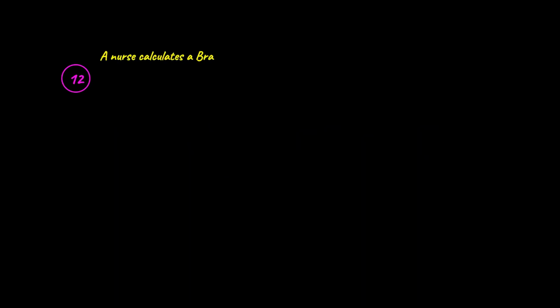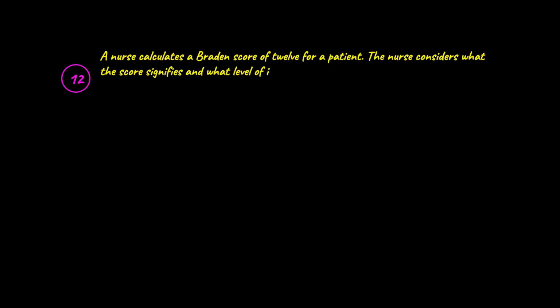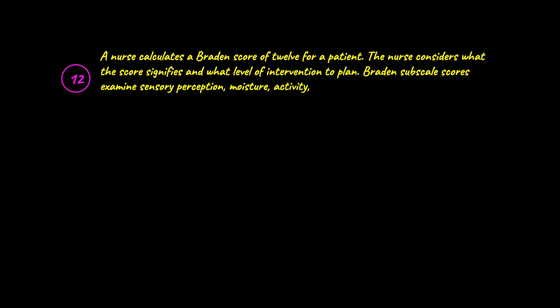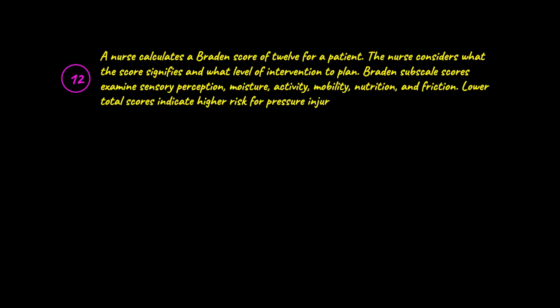Question 12. A nurse calculates a Braden score of 12 for a patient. The nurse considers what the score signifies and what level of intervention to plan. Braden subscale scores examine sensory perception, moisture, activity, mobility, nutrition, and friction. Lower total scores indicate higher risk for pressure injury during the inpatient stay.